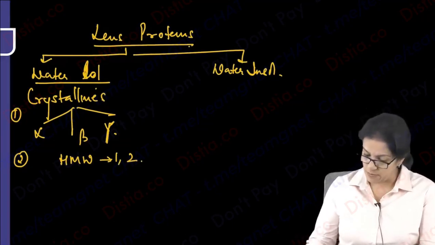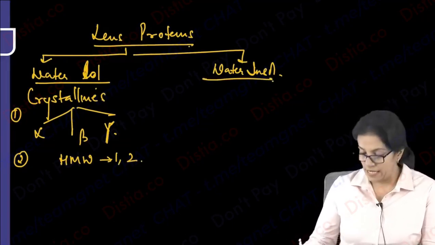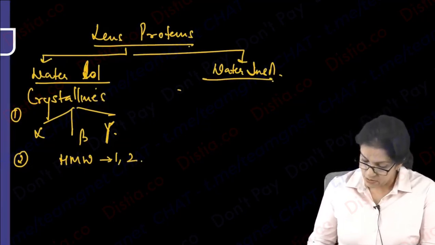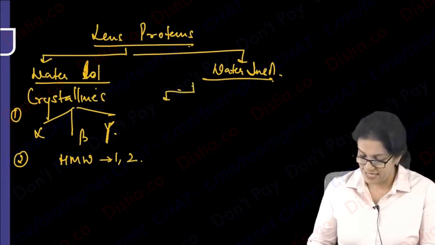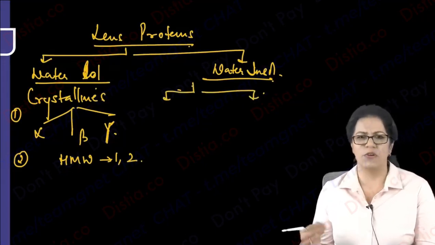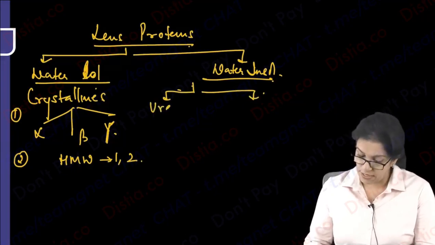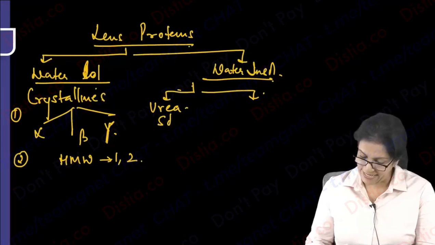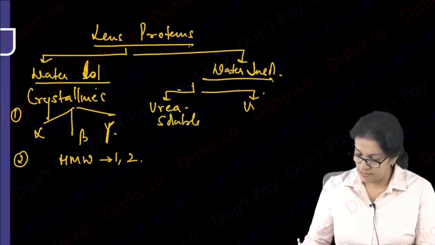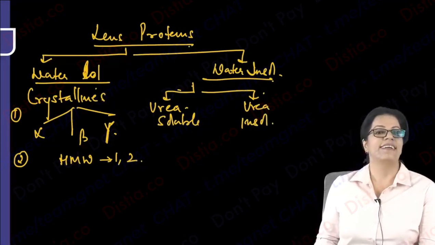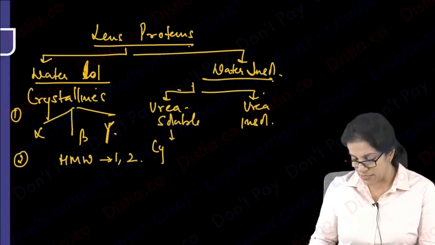Coming to insoluble, one you can further divide as urea soluble and insoluble. You may not learn this division, or you may, it's up to you. If I say urea soluble, these are cytoskeletal proteins.